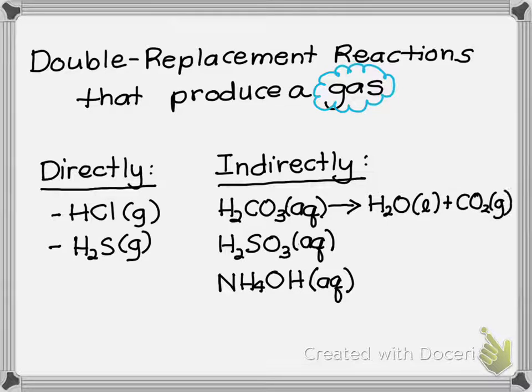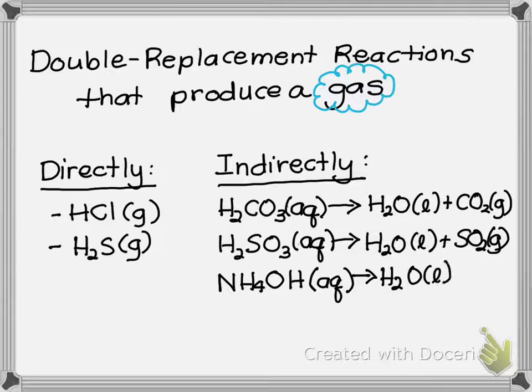So if you were actually doing this in the lab, you would see some bubbling as the carbon dioxide escaped. The H2SO3 breaks down to water and SO2 gas, sulfur dioxide, and the NH4OH, ammonium hydroxide, breaks down to water and ammonia.